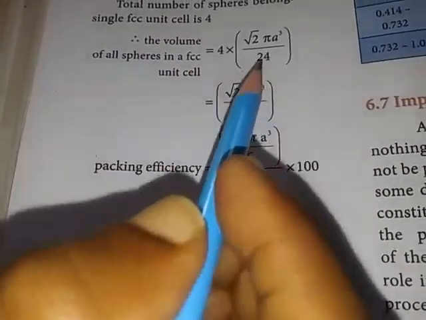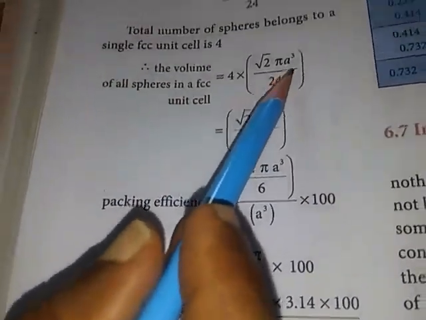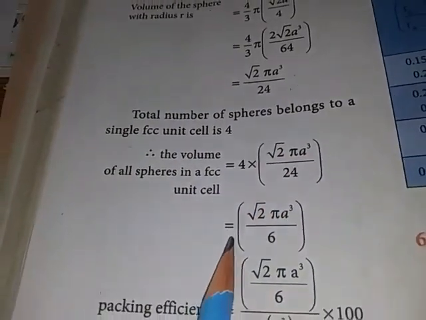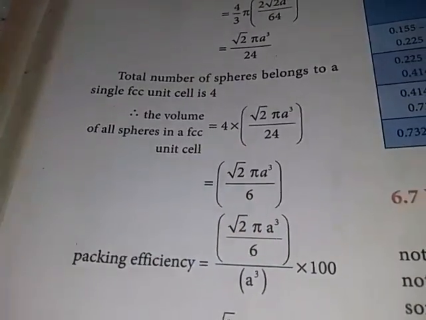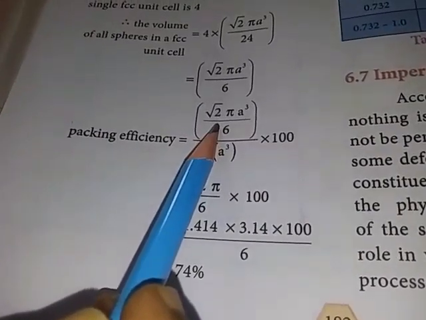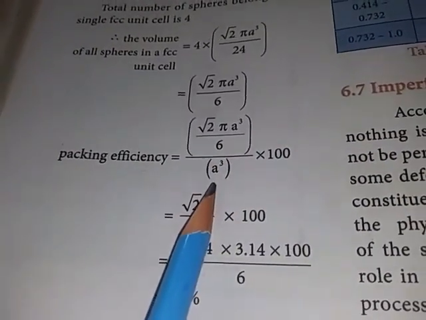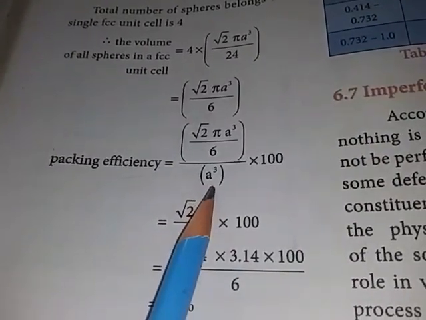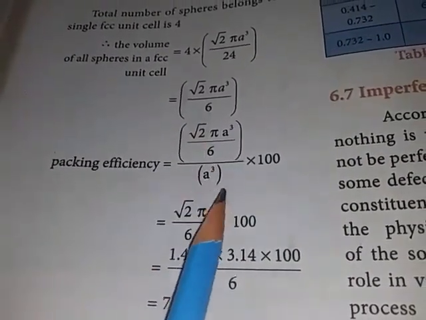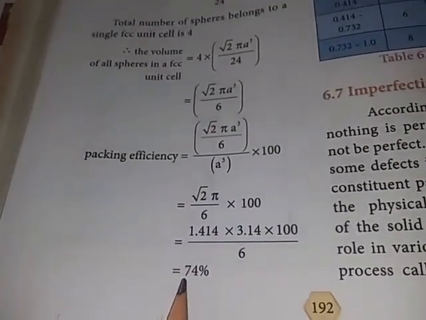So the volume occupied by all spheres in the FCC unit cell is 4 into square root 2 pi A cube by 24, equal to square root 2 pi A cube by 6. Now packing efficiency is nothing but the total volume occupied by all spheres in the FCC unit cell divided by the volume of the unit cell. Substituting these values, the packing efficiency is found to be 74%.